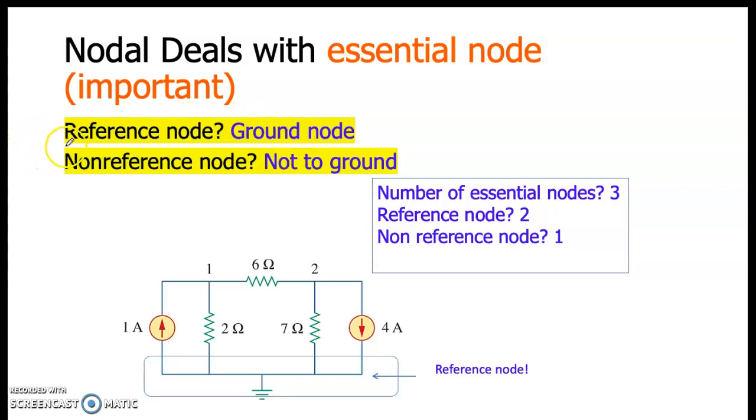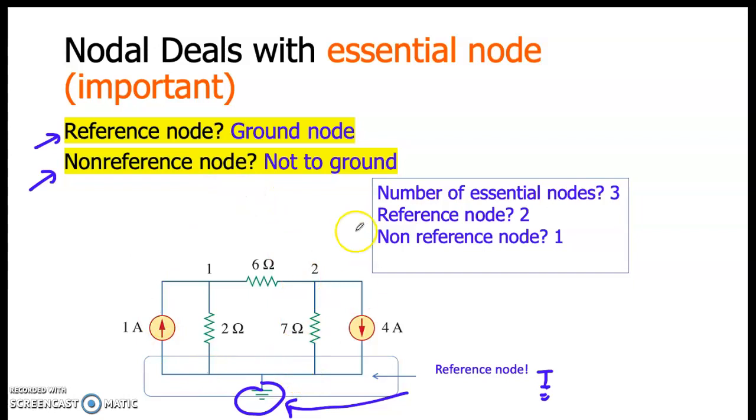Okay. Now look at this concept again. Now we would like to differentiate the meaning of reference and non-reference node, because this determines which cases you're going to solve using nodal analysis. So when talking about reference, anything that is connected to the ground, we call that a reference. So I repeat, anything that is connected to the ground, we call a reference node.